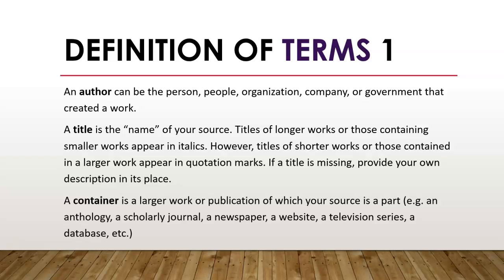A title is the actual name of your source. Titles of longer works or those containing smaller works appear in italics. However, titles of shorter works or those contained in a larger work appear in quotation marks. If a title is missing, provide your own description in its place.